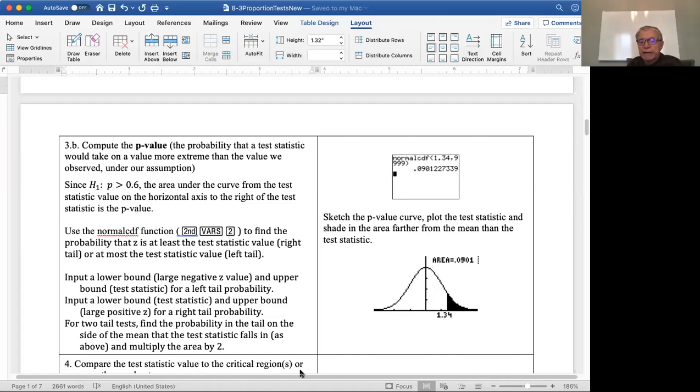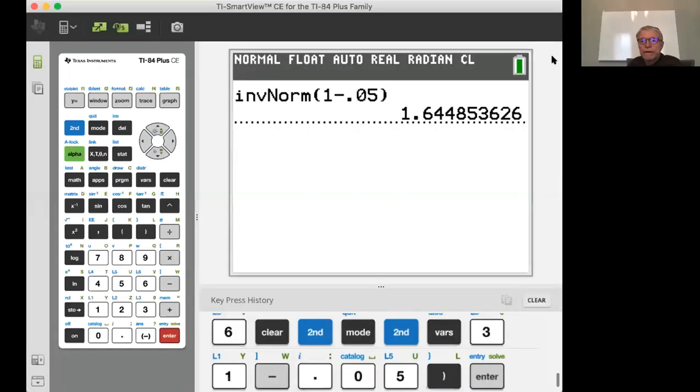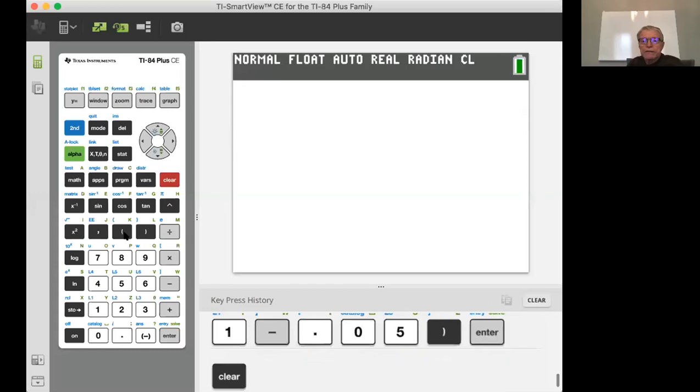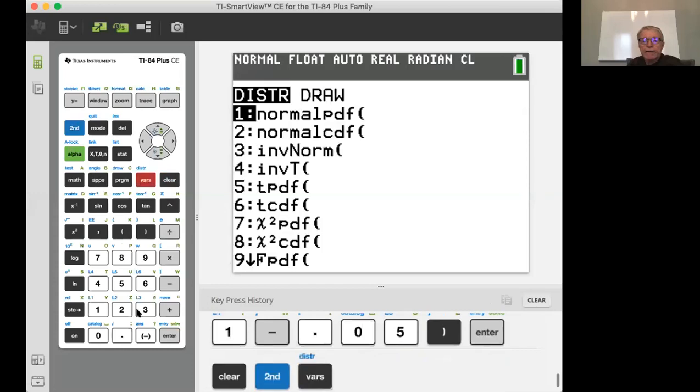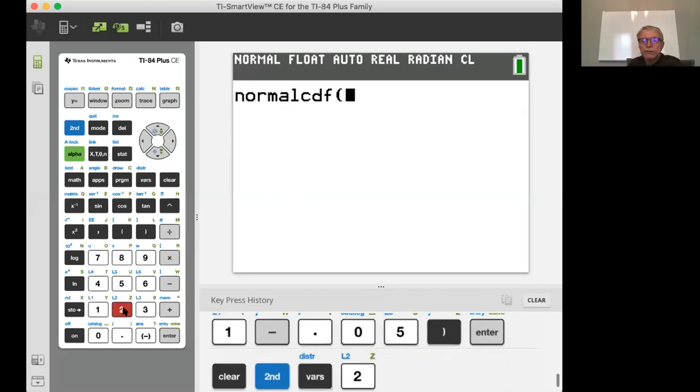And let's talk about that. Let's go look at the calculator and let's talk about what goes into it. Let's go find second vars and the number 2, normal CDF.